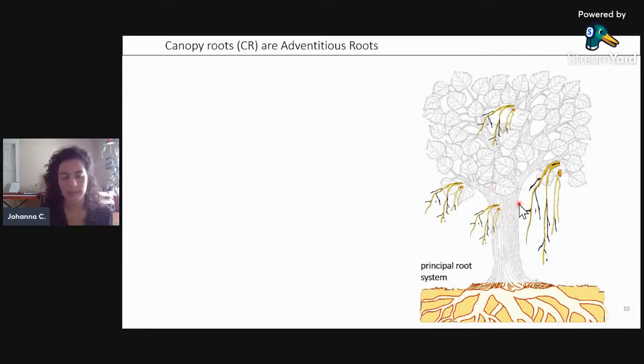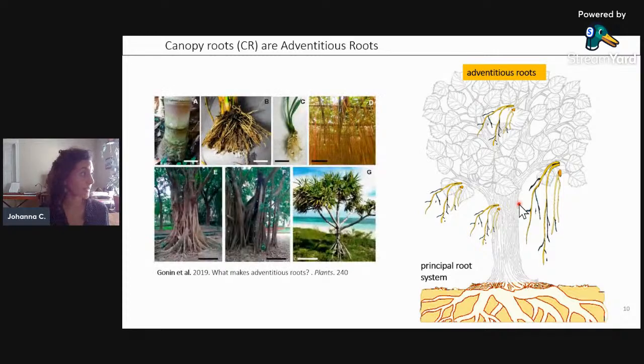Several species have developed adventitious roots depending on stress conditions, in order to be able to find other substrates. We can see that corn, pandanus, and different species have developed adventitious roots that, if they have a substrate, can be functional and can uptake water or nutrients to help the trees.